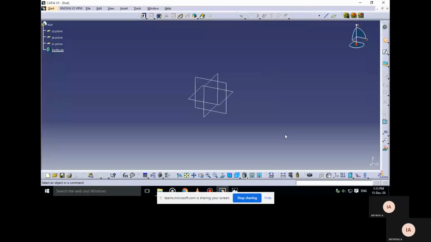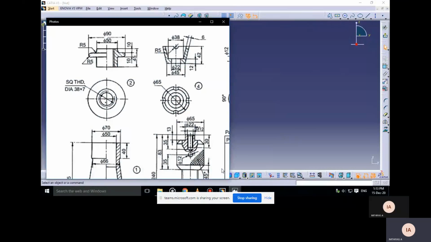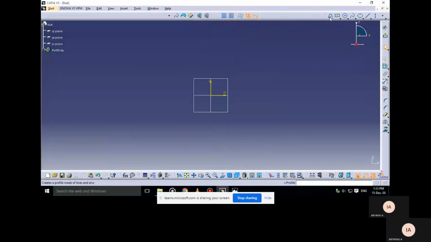Nut. It's just like what we had made, the nut in the first class. So again using the profile, we make the shape of the nut without dimensions. Then using constraint, we can change the dimensions.